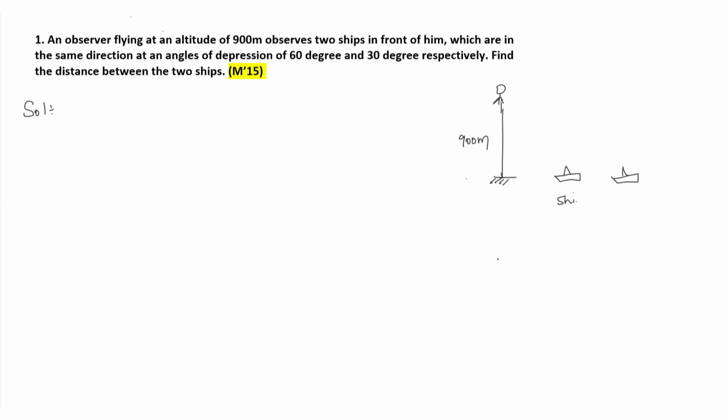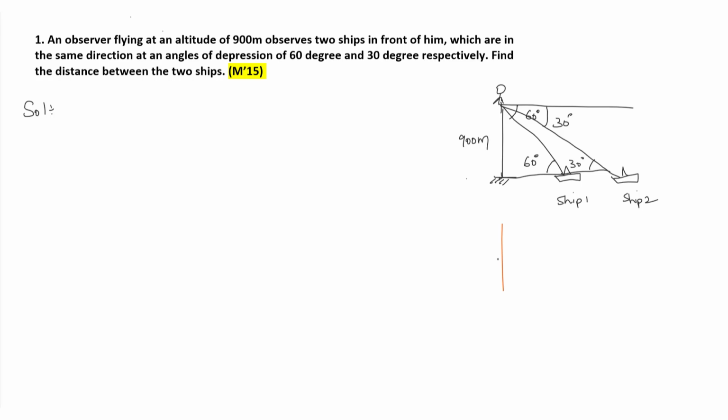When he is seeing the first ship, there is an angle of depression of 60 degree, and when he is seeing the second ship, there is an angle of depression of 30 degree. By using our alternate interior angles, we say this is a 60 degree and this is 30 degree.